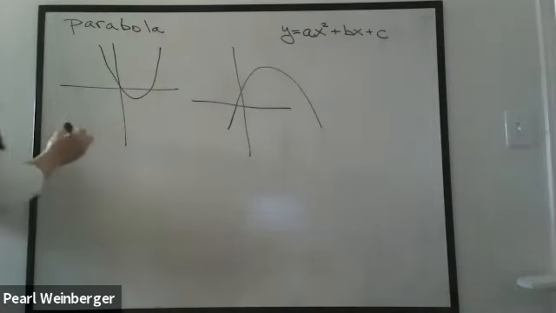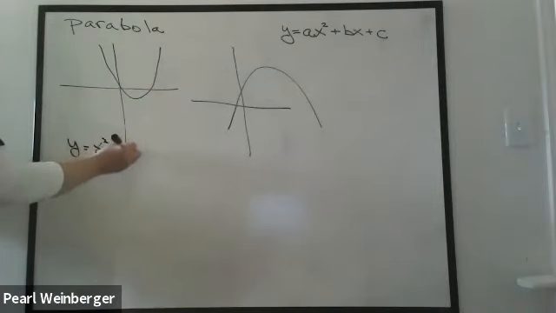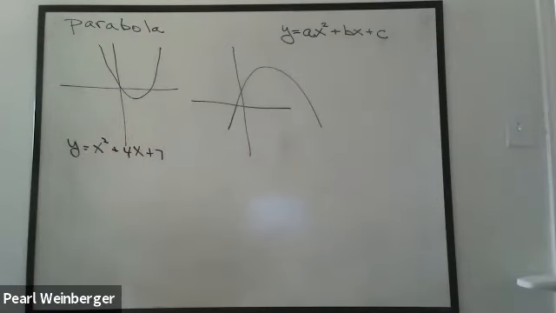Suppose I had an equation that looks like this. Y equals x squared plus 4x plus 7. Now I would right away recognize that this is a parabola because I have an x squared term, but there is no y squared.